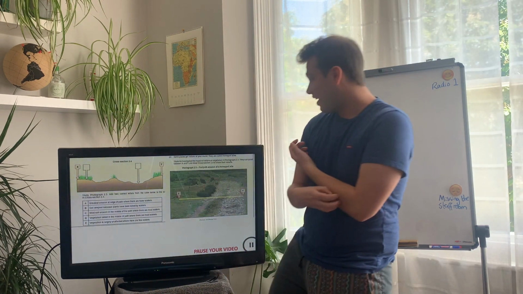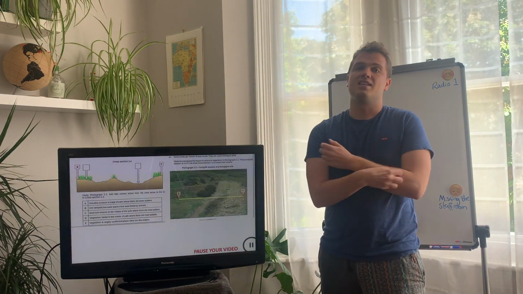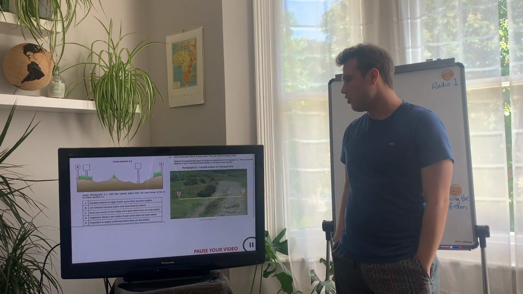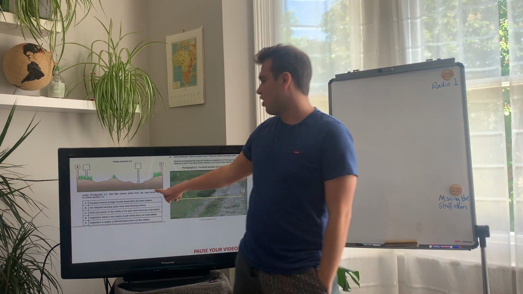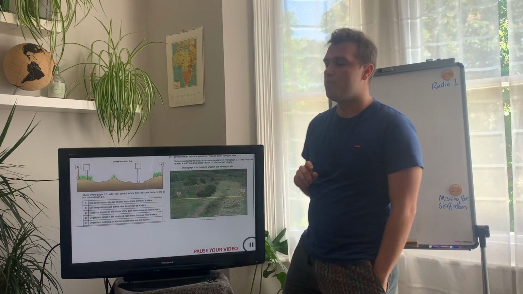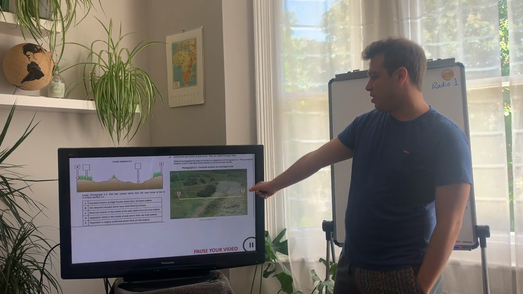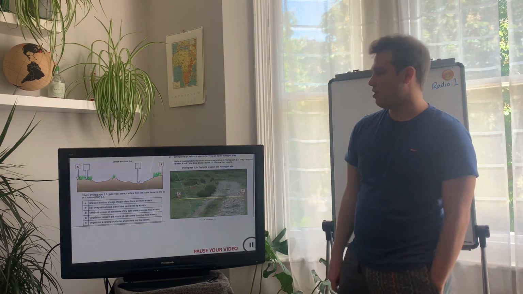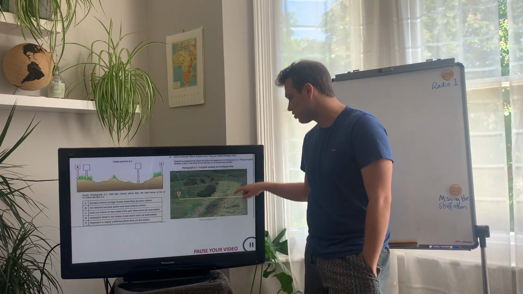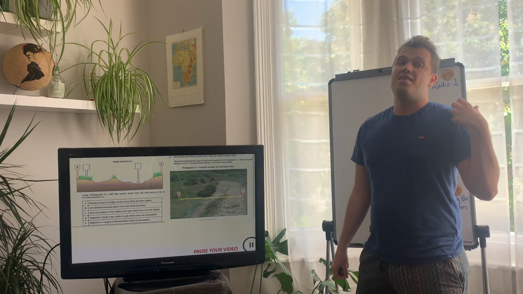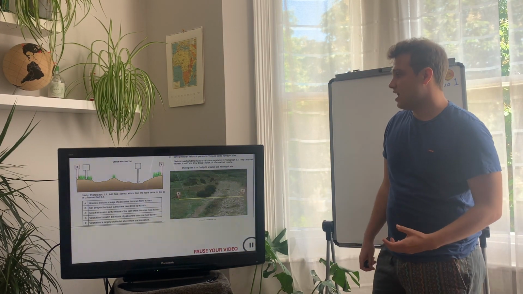So the second half of your sheet is this exam question. This was an exam question, as I say, that came up a few years ago. And what I'd like to do is have a go at this question here, which is on the bottom half of your sheet. So what we've got is a transect of a footpath, and we can see some beautiful footpath erosion here. We can see where people have walked over the ground and they've worn down the grass, the vegetation, and then we've got this exposed rock underneath.